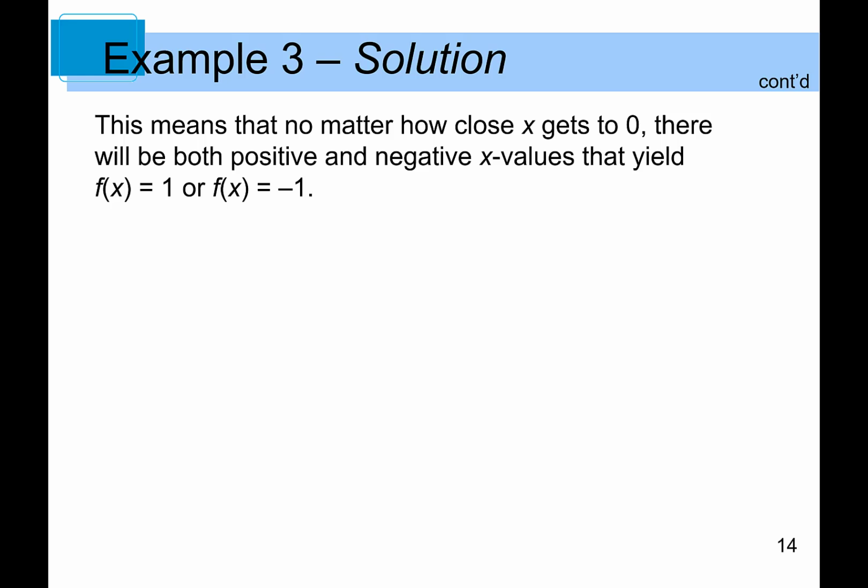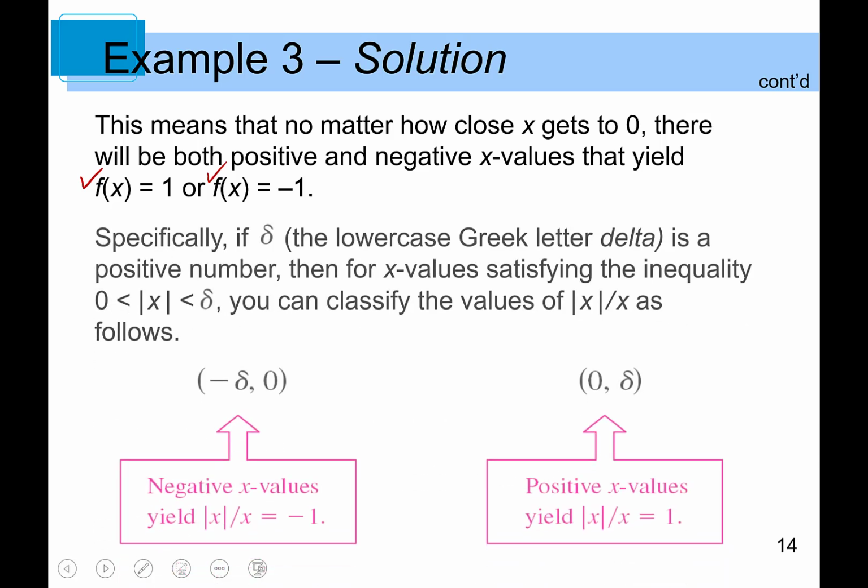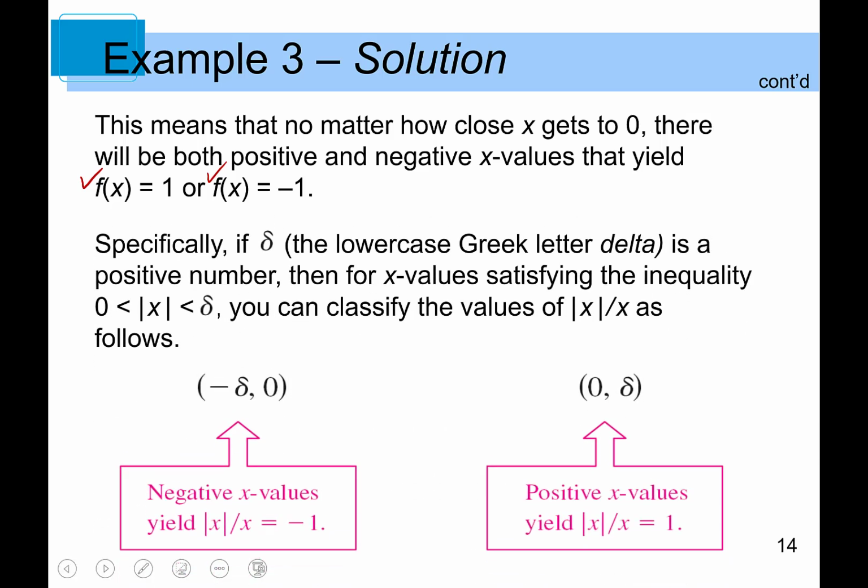So this means that no matter how close x gets to 0, there will be both positive and negative x values that yield f of x equals 1 and f of x equals negative 1. So that means the limit does not exist.